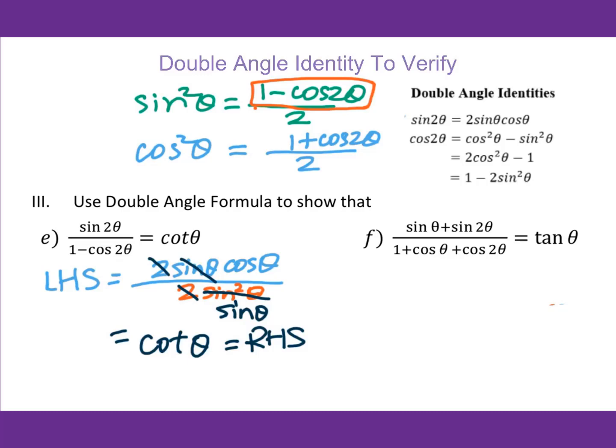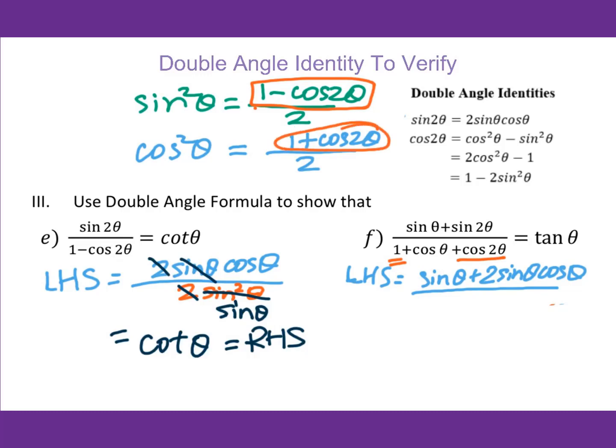For this F, we get started from the left hand side. Sine theta plus sine 2 theta, that's 2 sine theta cosine theta. We got 1 plus cosine 2 theta, that will be 2 cosine squared theta. So I write down 2 cosine squared theta plus cosine theta. Then we do the common factor.